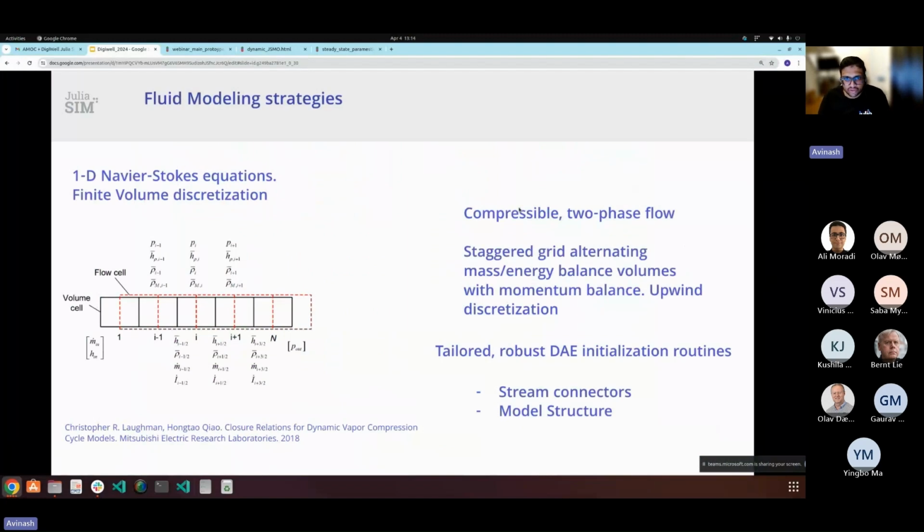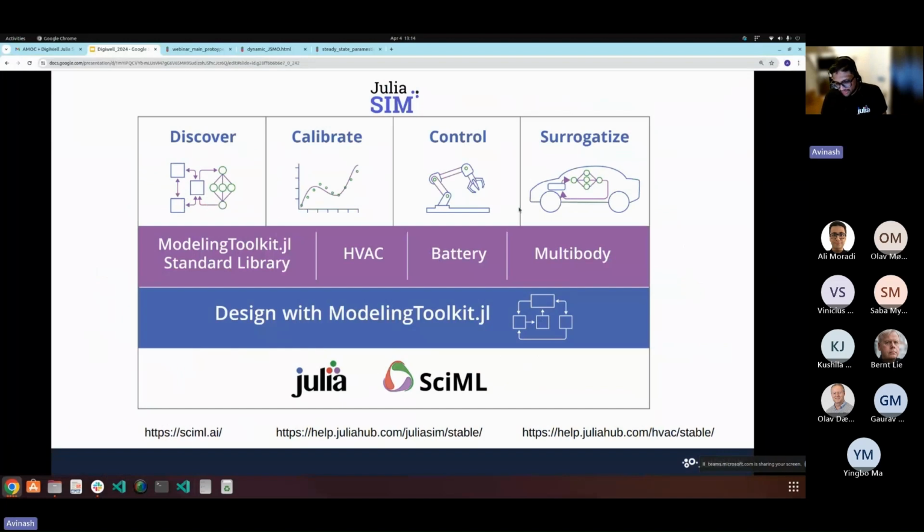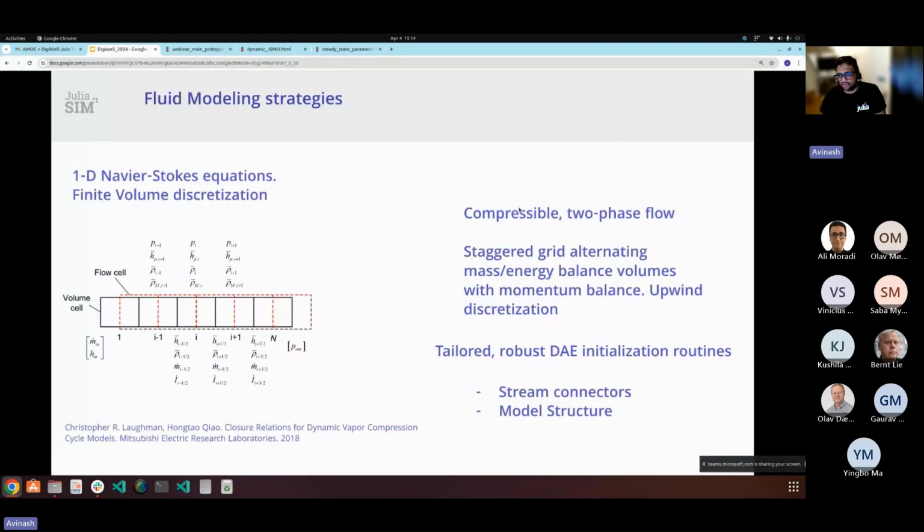One of the strategies employed here is to translate a lot of the discoveries and techniques that were implemented in the Modelica fluid and media library. Modelica has a tradition of solving these problems over, I think, 10 or 15 years. So what we've done is take the best of these and bring them into the Julia world.